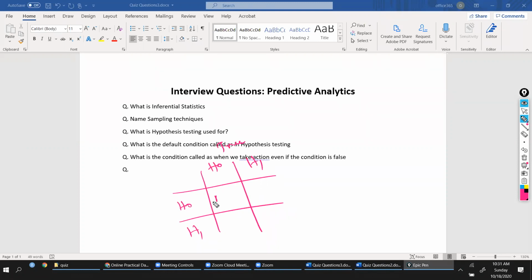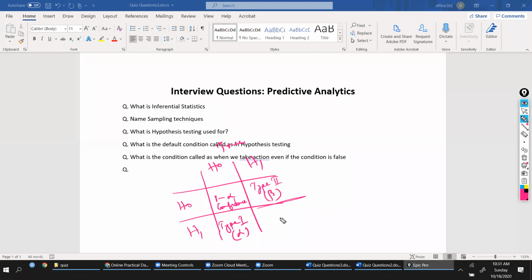Confidence, very good. And it is represented as 1 minus alpha. It's called confidence. And this is type 1 error, which is represented as alpha. Now, if H1 is true and H0 is accepted, then this is type 2 error, which is represented as beta.